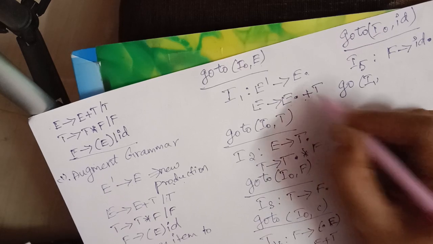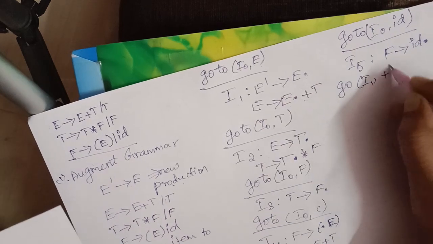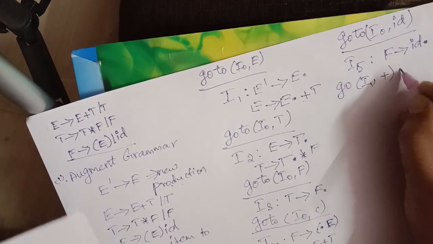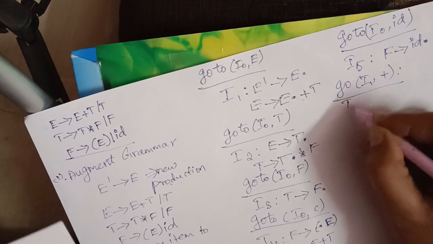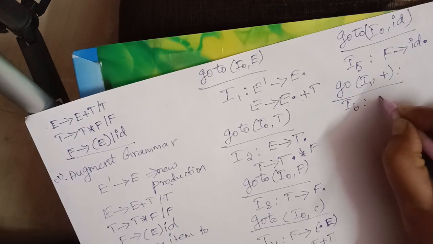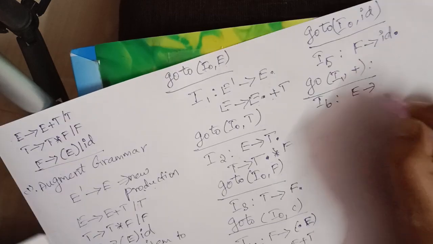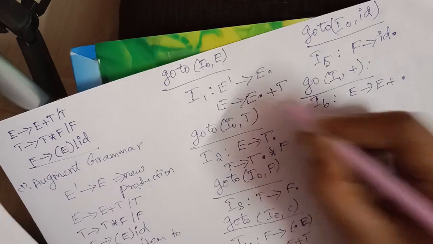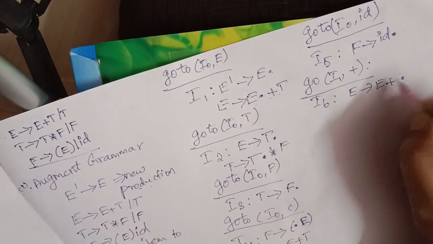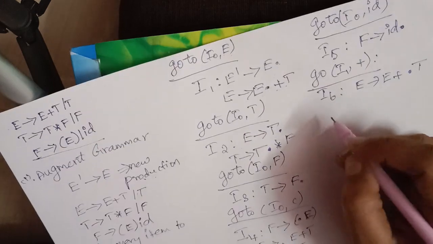I can apply the go to function on I1 to the value plus. So now I'll be getting a new item set I6, E tends to E plus dot T. This is the dot I am moving, so E plus dot T, fine.